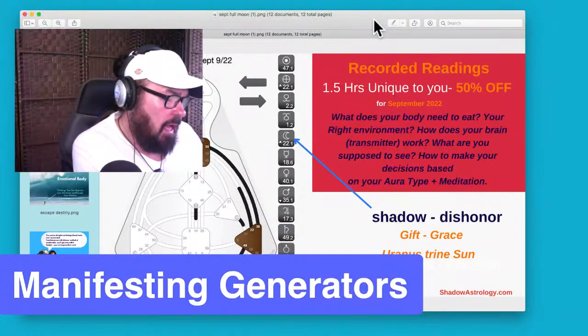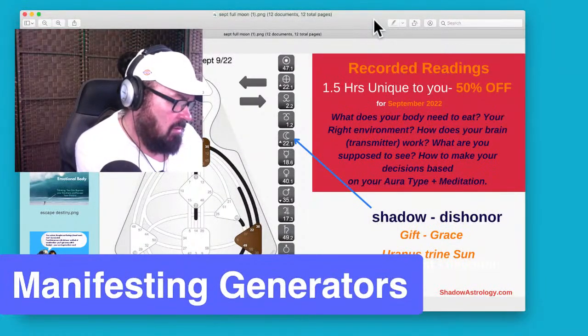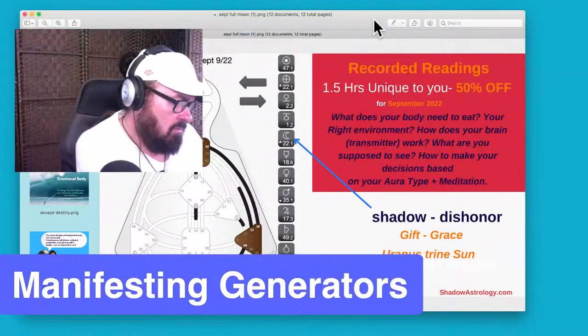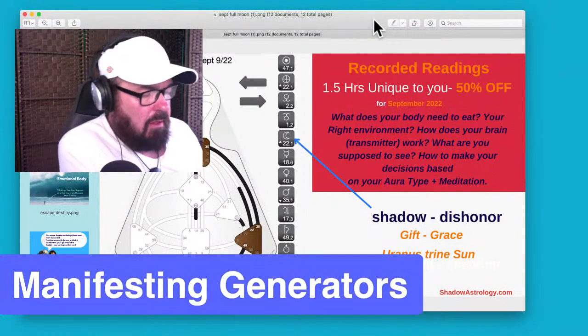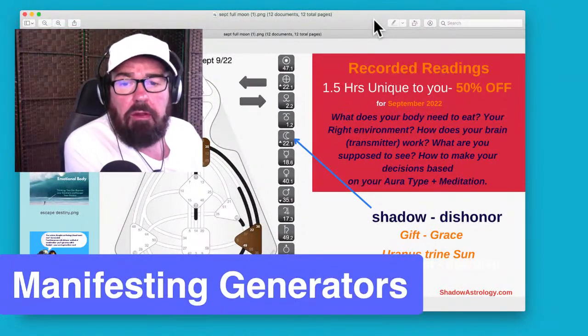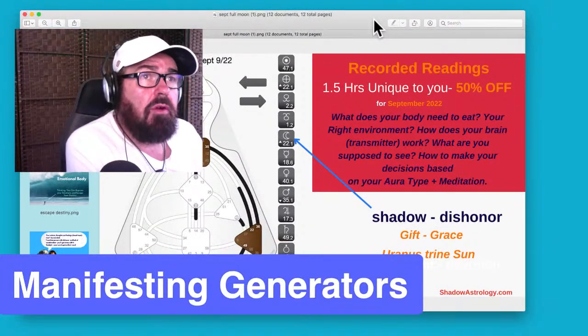Let's see what the ego's saying to get the full picture. Worrying. The mind has 1,000,001 things to worry about these days, right? We're losing control. That's another shadow of this shadow pattern of dishonor, is losing control, fearing losing control, which is the mind.